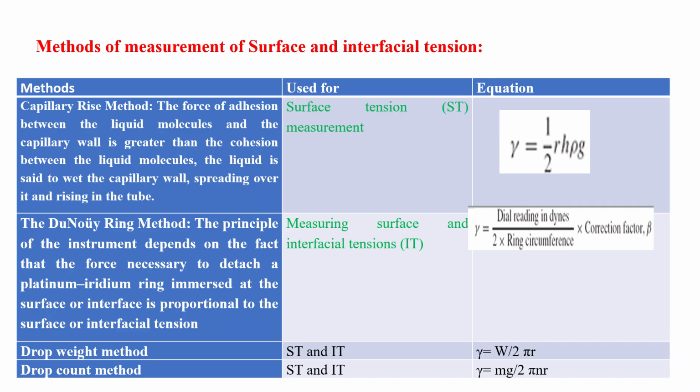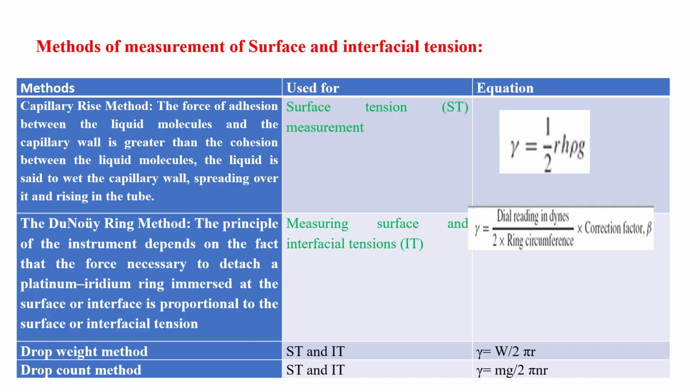Now, methods of measurement of surface and interfacial tension. Different methods are there: the capillary rise method, the Du Nouy ring detachment method, the drop weight method, and the drop count method. Capillary rise method means the force of adhesion between the liquid molecules and the capillary wall is greater than the cohesion between the liquid molecules. Adhesive force is between different substances, that is, between the liquid molecules and the capillary wall, and cohesive force is between the liquid molecules.